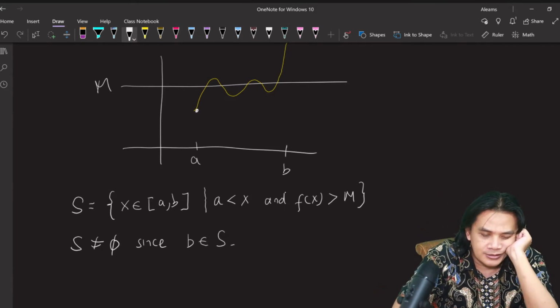Now S has a lower bound, which is a, right?